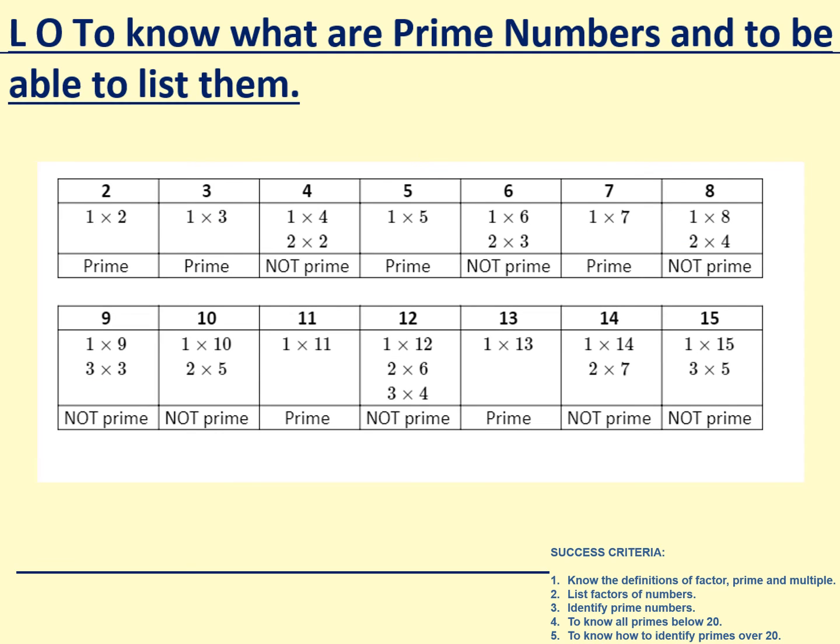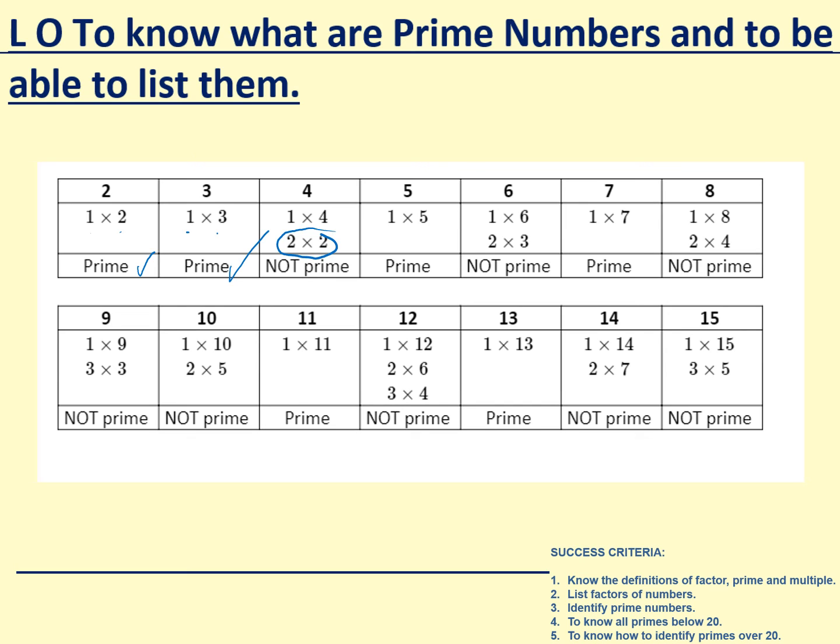If you've completed this activity, you should have a table like this. Number 2 has exactly 2 factors, 1 and 2, so it's prime. Number 3 has exactly 2 factors. It cannot be made by multiplying any other 2 numbers, so it's a prime. Number 4 is not a prime because it can be made by multiplying 2 by itself.